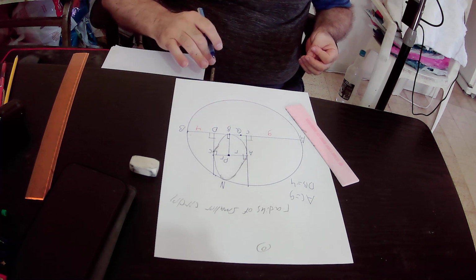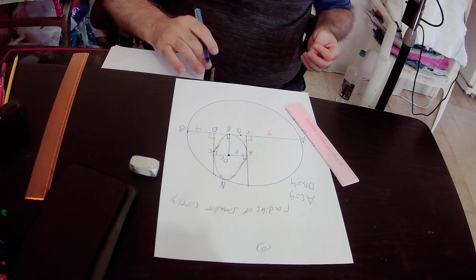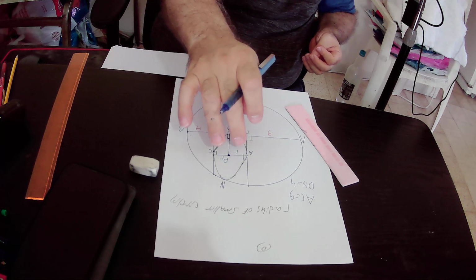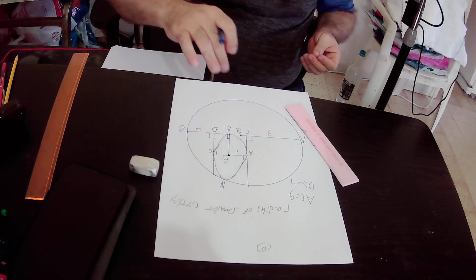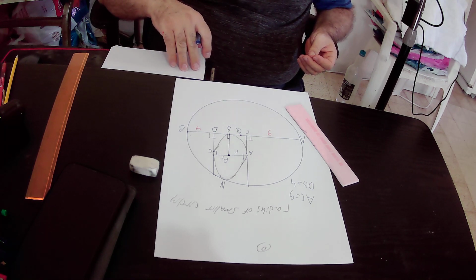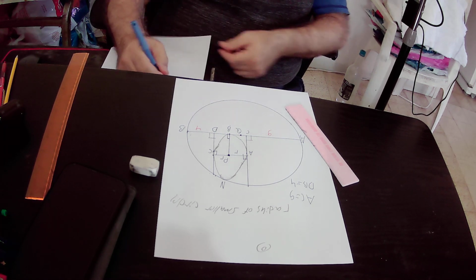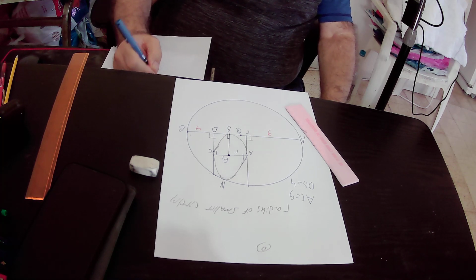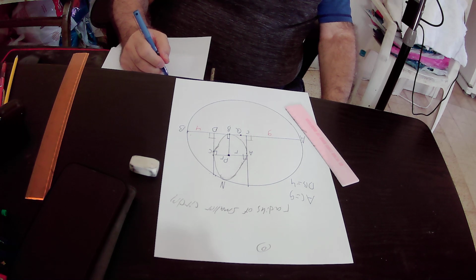APBC is a rectangle, and for that reason BC is also the radius of the small circle. BC equals small r, and we will define the radius of the big circle as capital R.